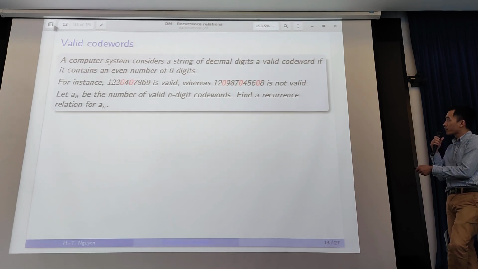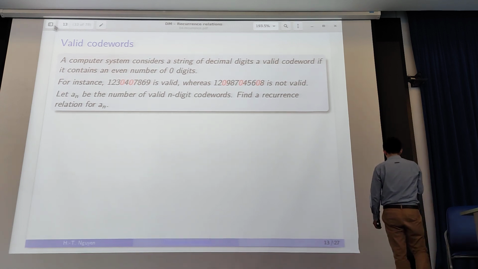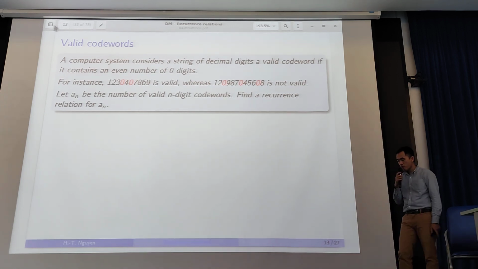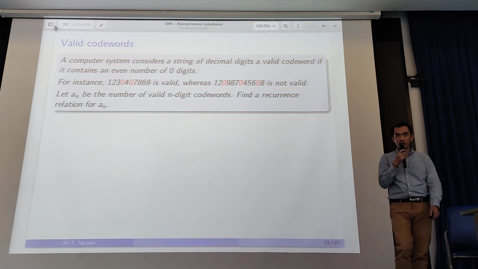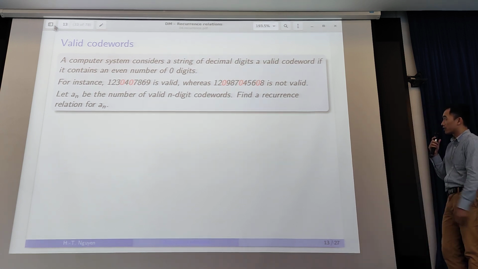For example, here you have a valid code word in which there are 2 zeros, and an invalid code word in which there are 3 zeros. Okay. So now the question is, how many code words of given length are there?